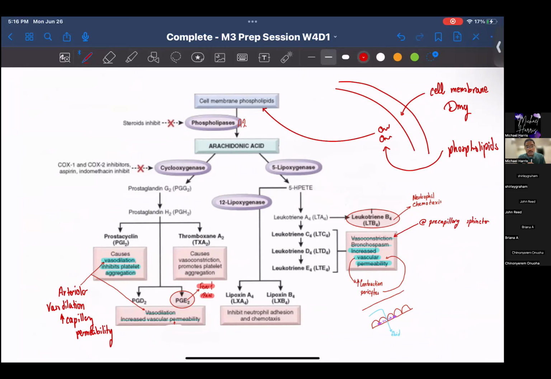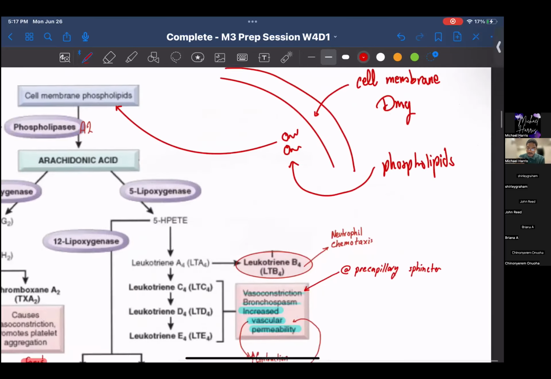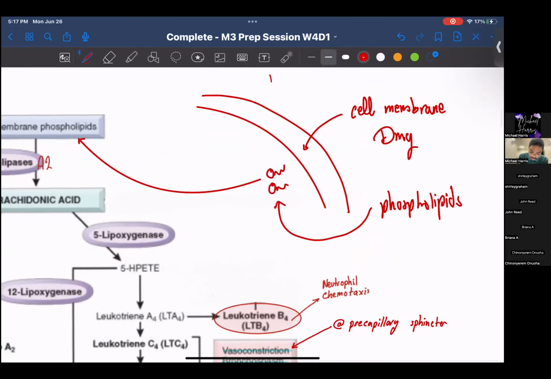So here, essentially, this is the breakdown of arachidonic acid. This is how your body does it. So whenever you get damaged, this is damage. So we're talking trauma, we're talking infections causing cellular destruction.